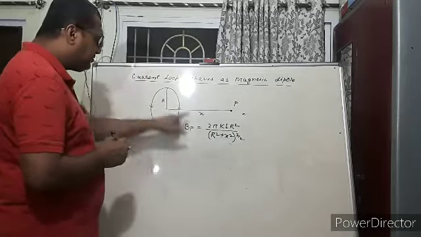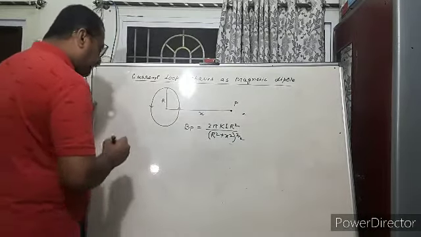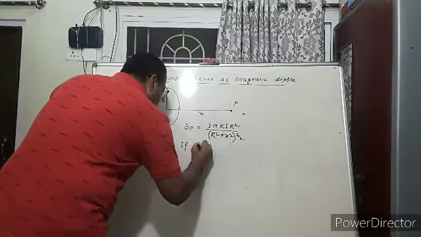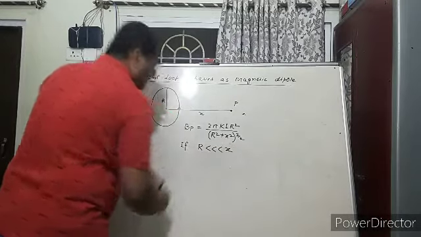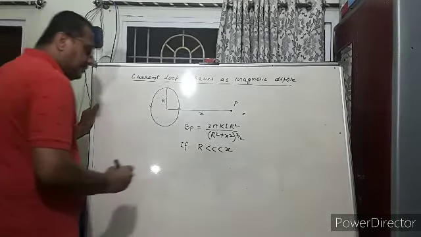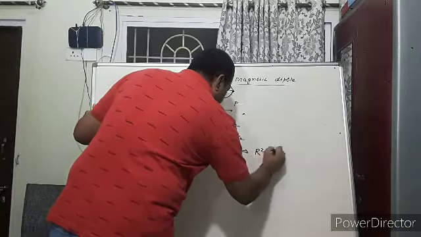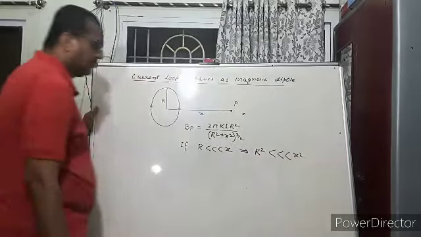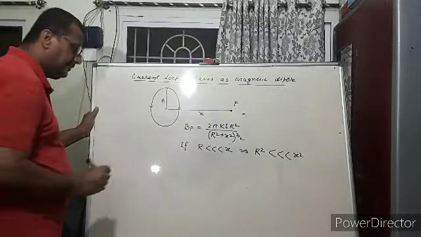Here, this distance is very large and this radius is very small. If r is very much less than x, then r square will be very much less than x square. Hence, r square can be neglected.